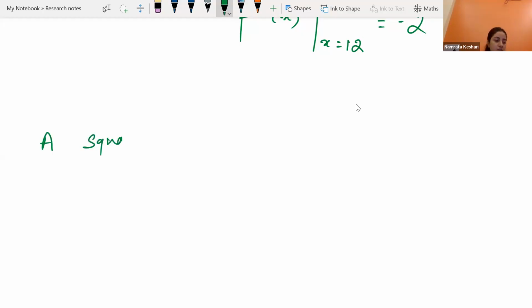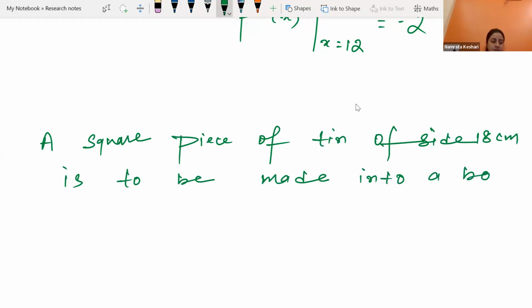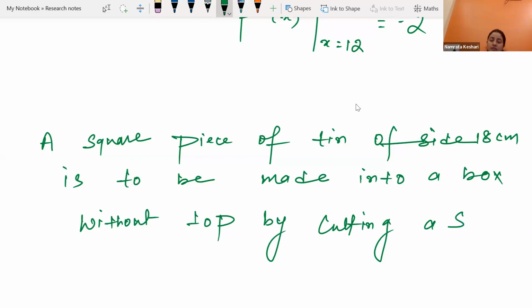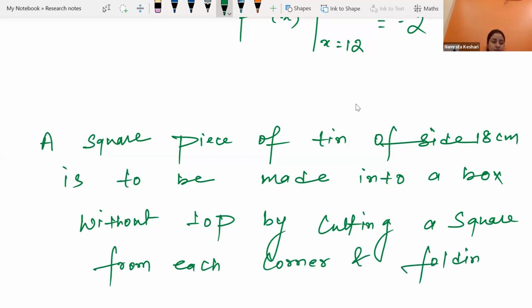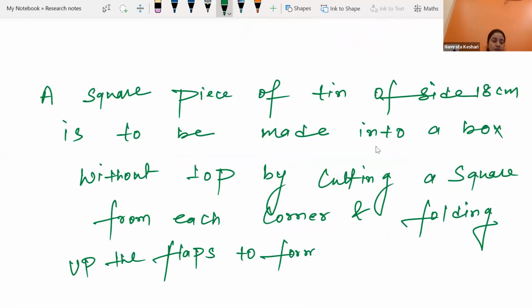A square piece of tin of side 18 centimeter is to be made into a box without top by cutting a square from each corner and folding up the flaps to form the box.